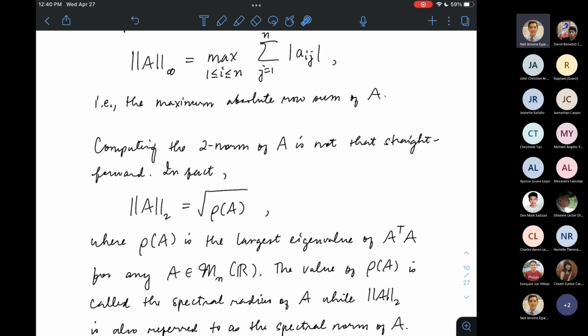What is the spectral radius ng isang matrix? The spectral radius of a matrix A, which is denoted by rho of A, ito yung pinakamalaking eigenvalue ng A transpose A. Okay? But I hope you guys have an idea how to compute eigenvalues already.